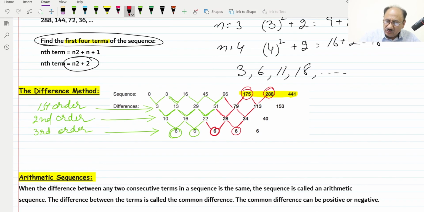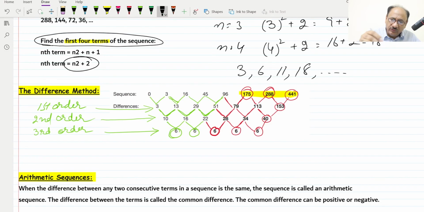Now the next difference will also be the same, so 6 will be added to 34, we will get 40, and 40 plus 113 we will get 153, and 153 plus 288 we will get 441.